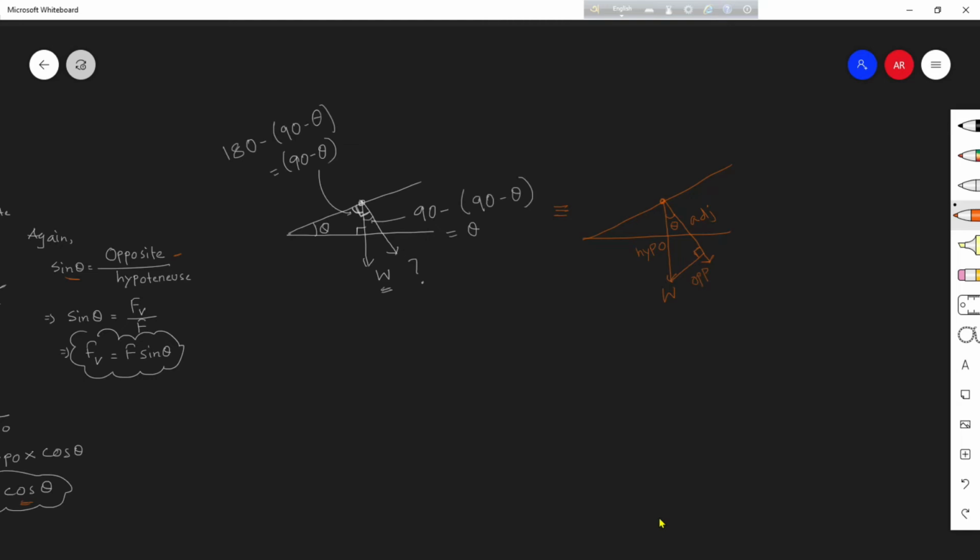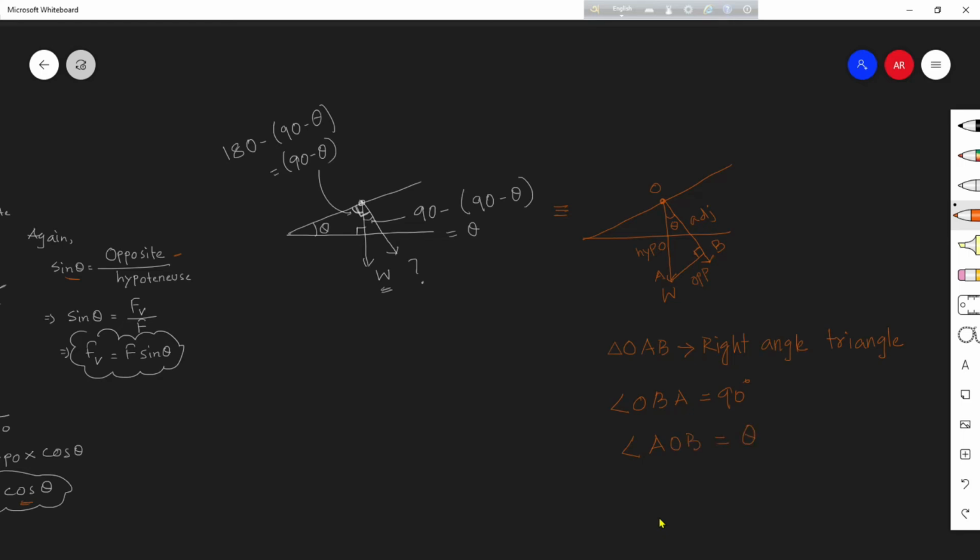Let's label this triangle as OAB. Alright, so this is the right angle triangle. Triangle OAB is a right angle triangle where angle OBA is 90 degrees and angle AOB is theta.